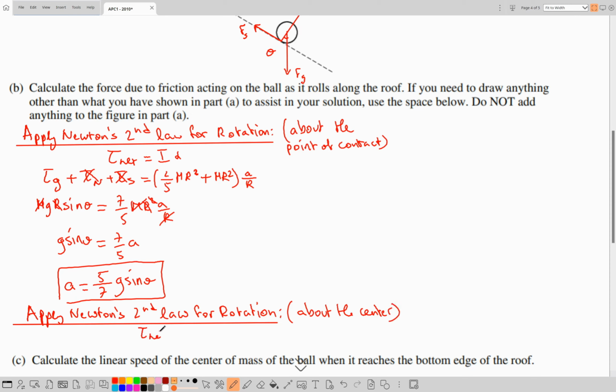Then torque net would be equal to I alpha. Now torque produced by G plus the torque produced by N plus the torque produced by the static friction is equal to I alpha.